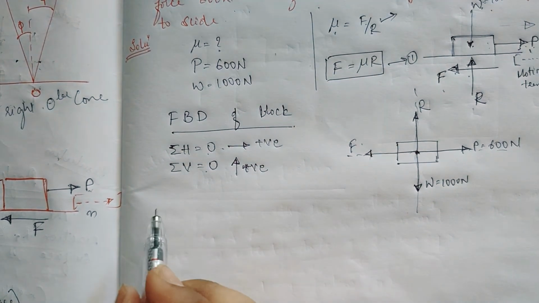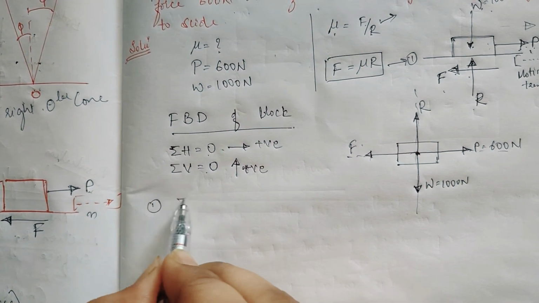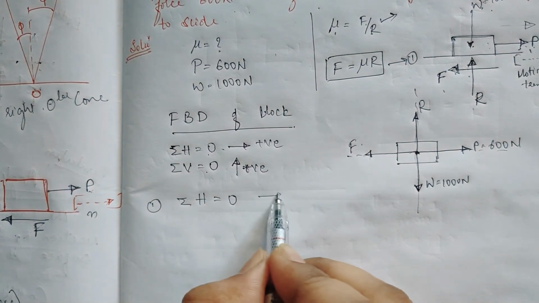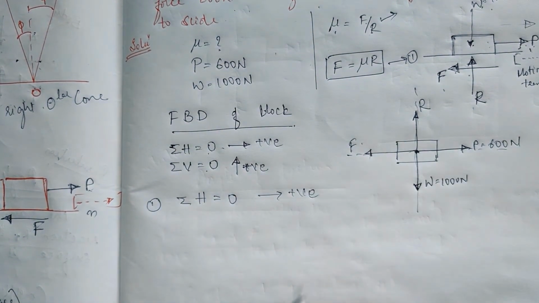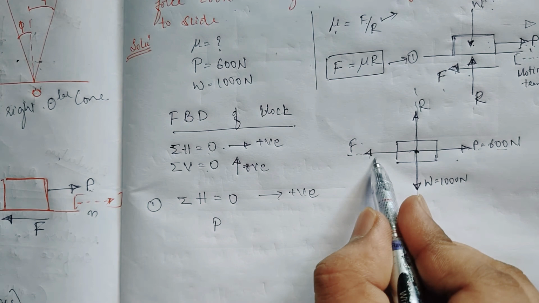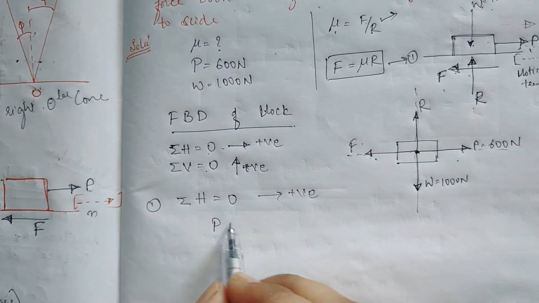So first one I will take, that is sigma H equal to 0, taking left to right as positive. So what are the horizontal forces? We have P, okay. So P, this F is left to right, so I will take it, it becomes minus.